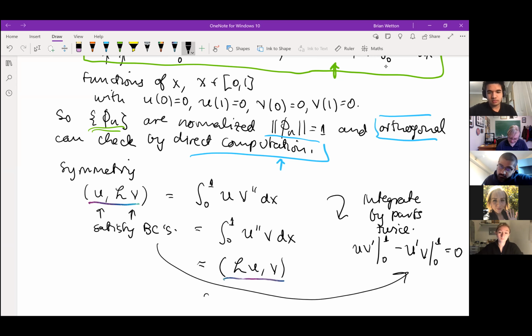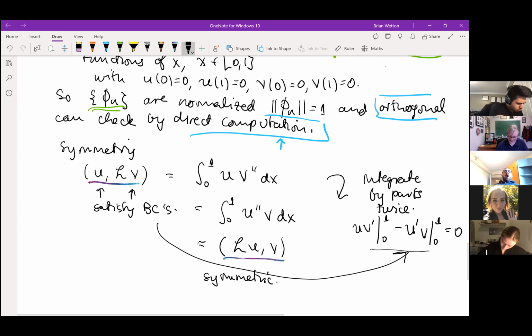So symmetric. And notice it's not just the derivative part of the boundary value problem that came into this discussion. It was the boundary conditions as well. So you can lose symmetry either from the interior equations or the boundary conditions.